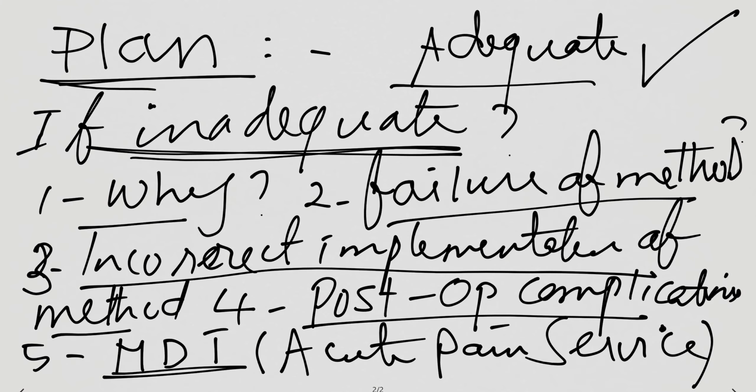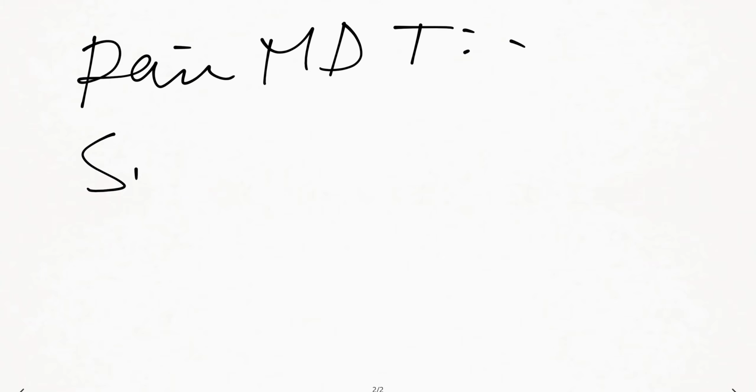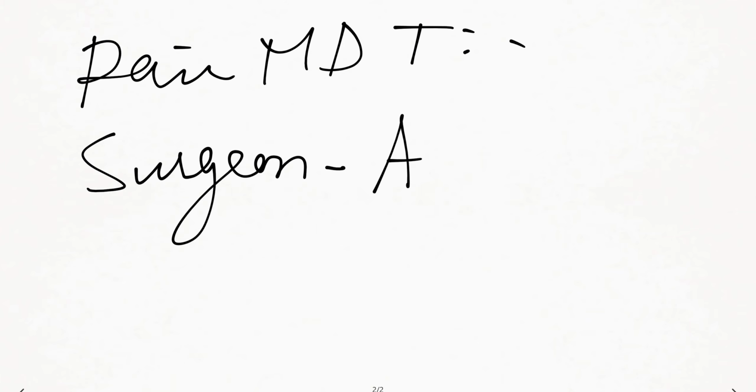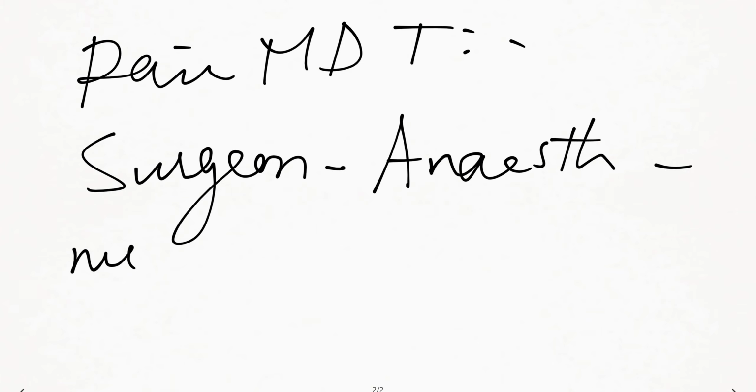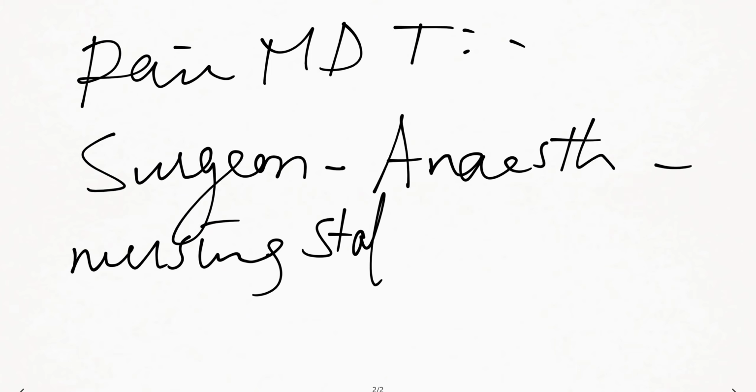They may ask you within this question, who is in the multidisciplinary pain team? You want to know that there will be a surgeon because he did the operation and cut the skin of the patient. The anesthetist is also there because he is a part of the operation, and a senior nursing staff, or a pain management nurse, maybe, or pain specialist, and a pharmacist who gives the medications.